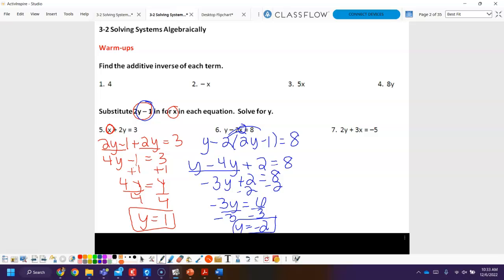And then the last one. Everywhere you have an x, 2y minus 1. Distribute your 3.